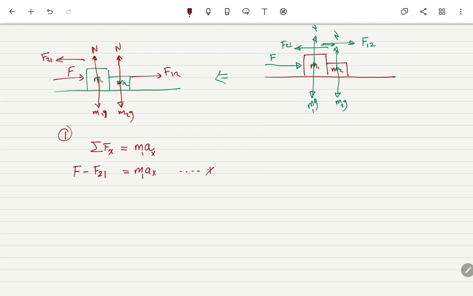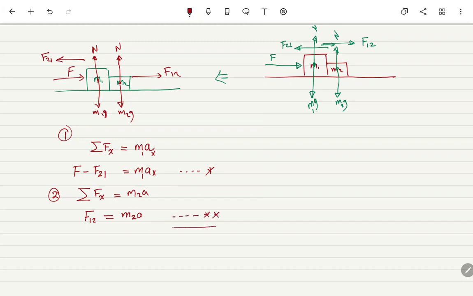This is the first equation. Now on the second system, the sum of all forces acting on M2 equals m2a, so F12 equals m2a. This is the second equation.